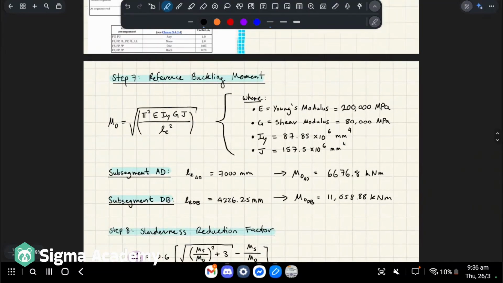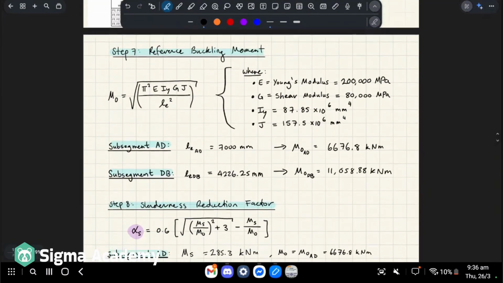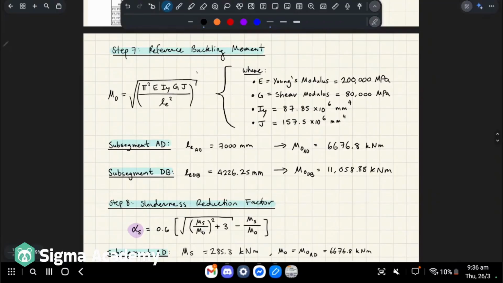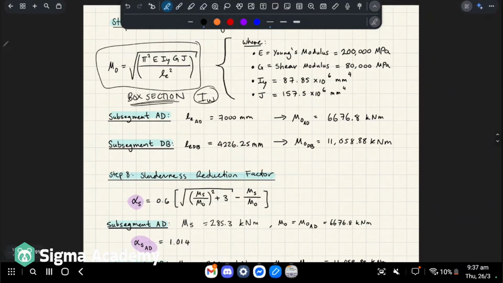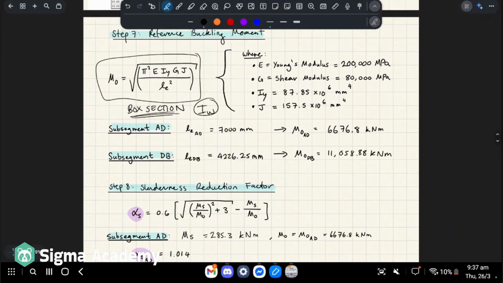Yeah, reference buckling moment. This is specifically the formula for a box section. So you'll notice it's different to the previous video. It doesn't have the warping constant. Basically, we don't need to work out the warping constant for box sections, right? Because it's not in the reference buckling moment formula.